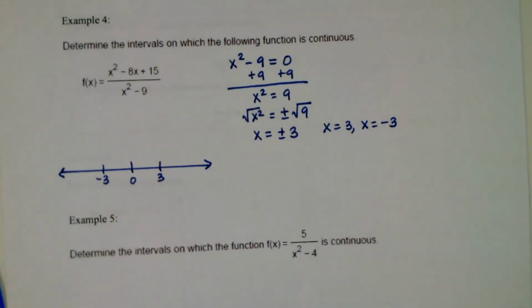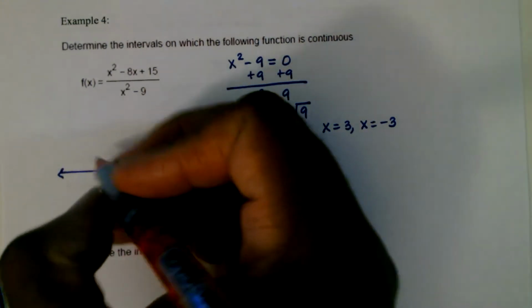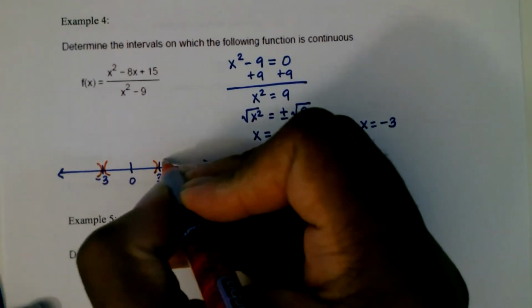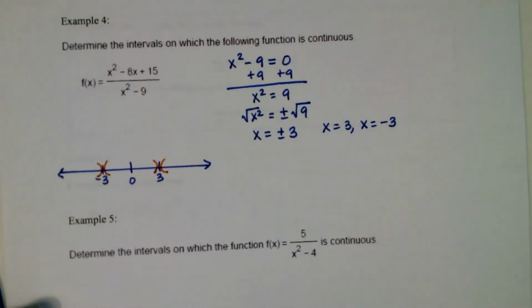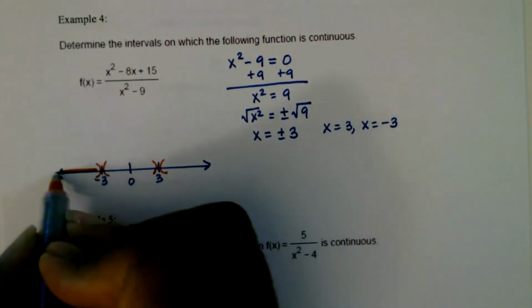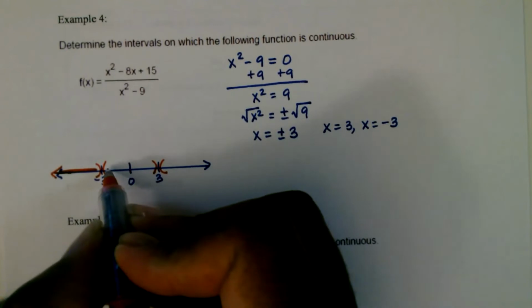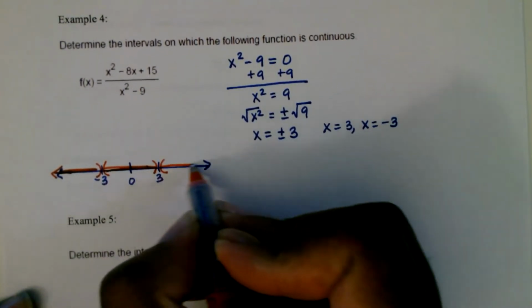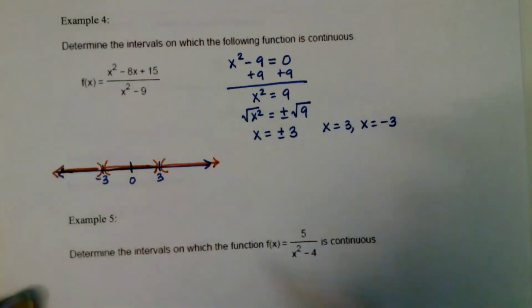Now we know at negative 3 and 3, we're going to have problems. So I put parentheses around the negative 3 and parentheses around the 3. Any x value less than negative 3 would work. Any x value between negative 3 and 3 would work. And any x value greater than 3 would work.